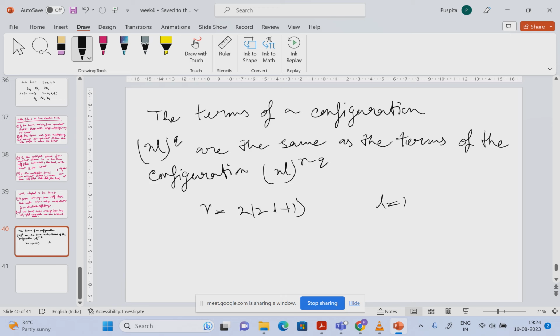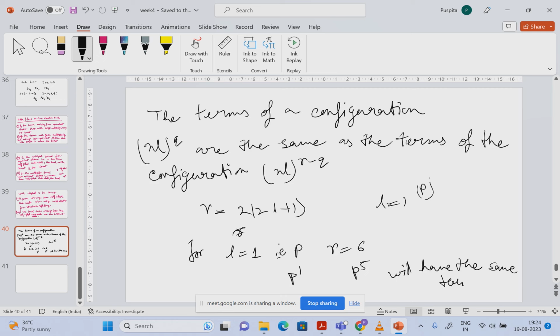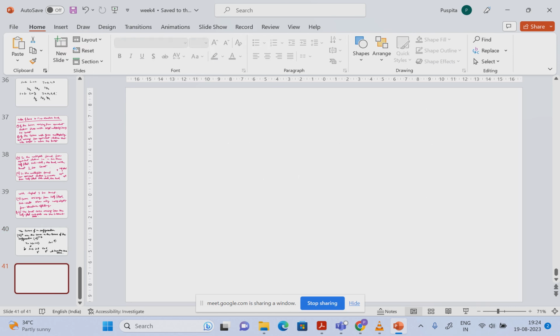So for L is equal to 1, that is P, R is 6. So p1 and p5 have the same terms. Only which is the lowest term and which is the upper term will change.